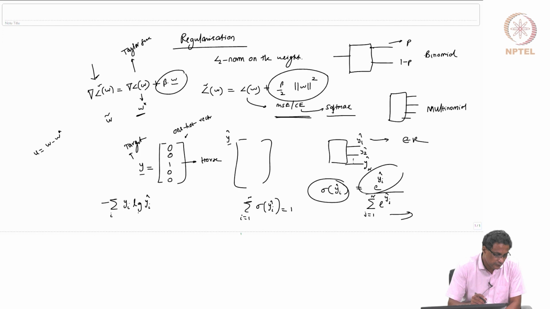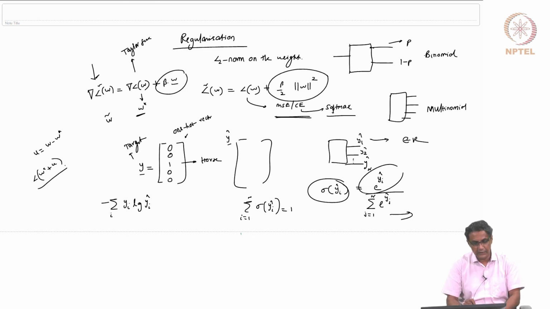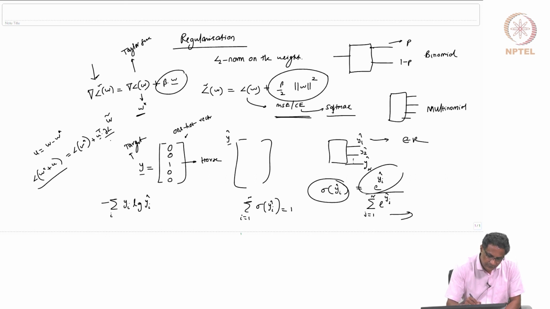Then you can look at the Taylor series expansion of L at W star plus U, and if you expand this, what you will get is L of W star plus U transpose gradient of L with respect to W star.